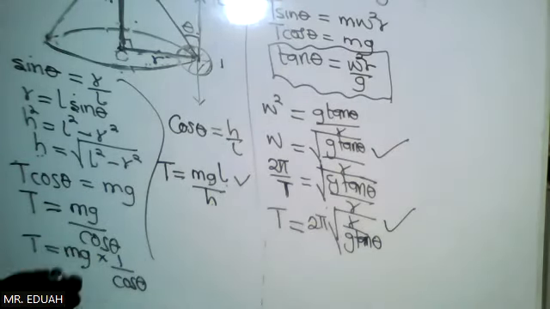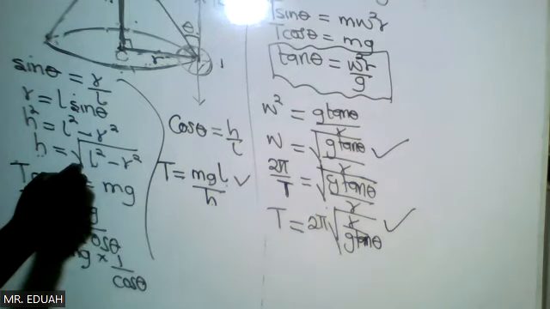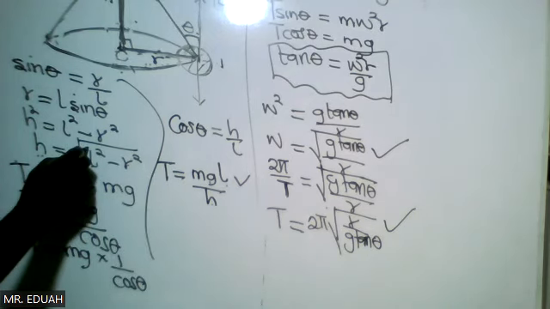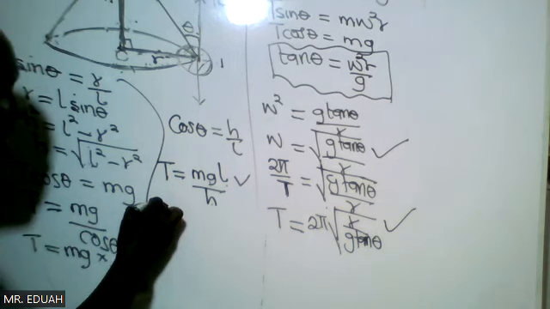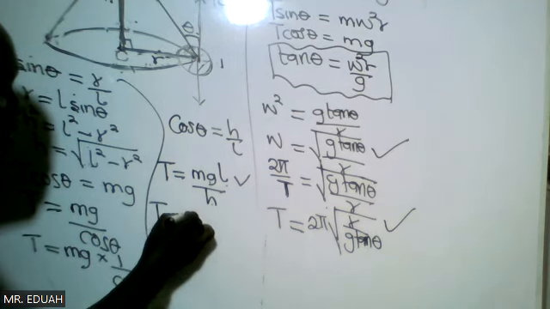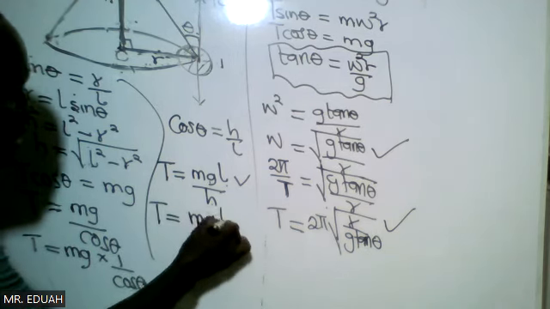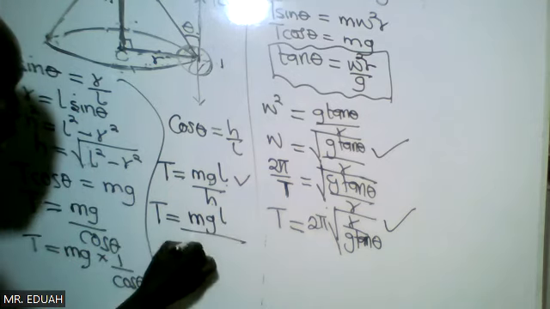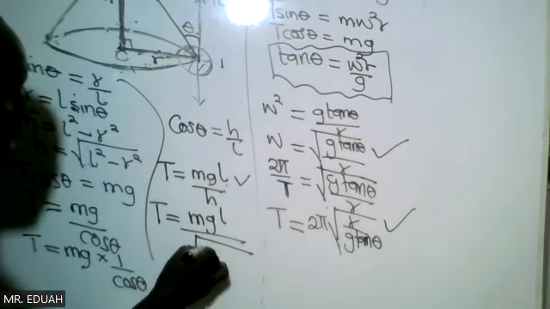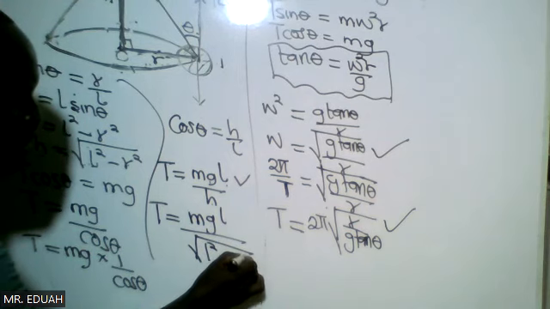Then we also determine H to be the square root of length squared minus r squared. So we can also say that tension is equal to mgL over the square root of L squared minus R squared.